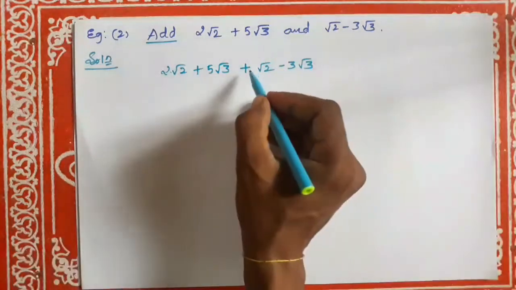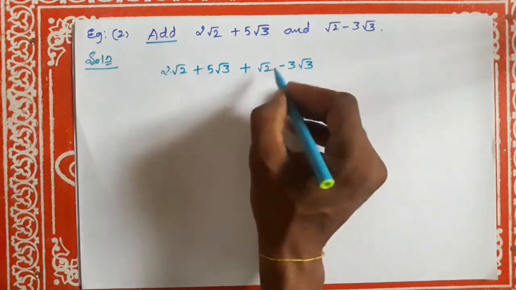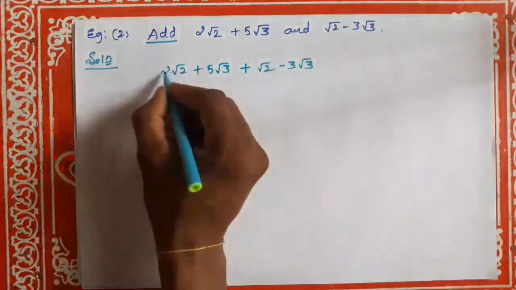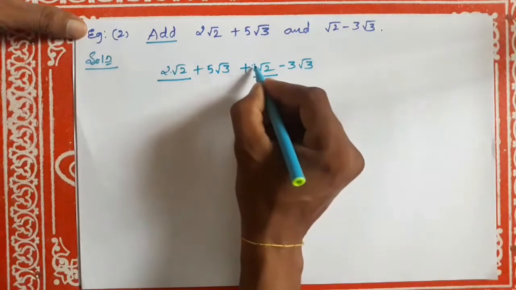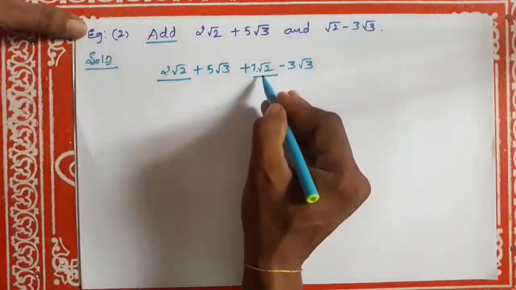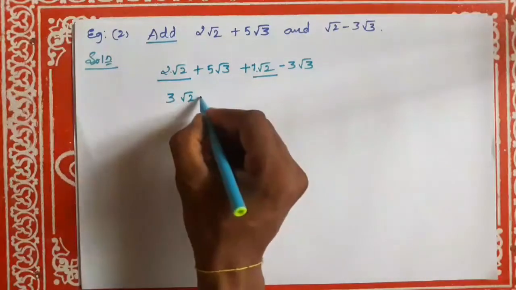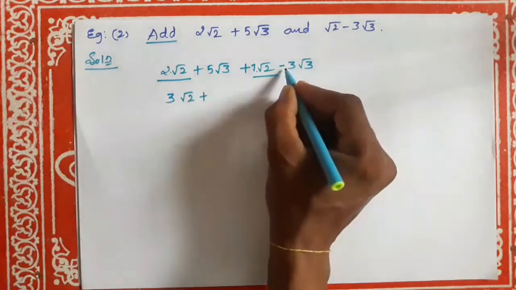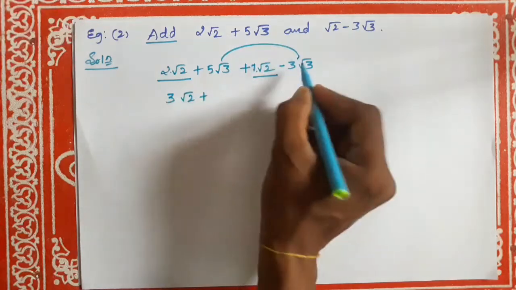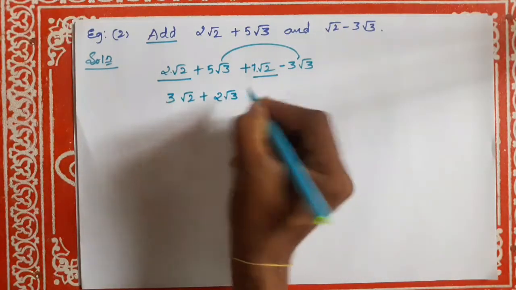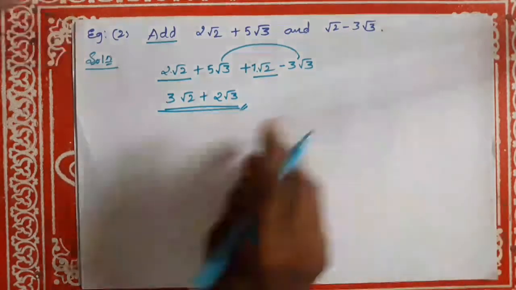Dear students, if a plus sign is there, you can write directly. If there is a minus sign, you have to put a bracket because the sign will change. Here 2 root 2 plus 1 root 2 is equal to 3 root 2, and 5 root 3 minus 3 root 3, 5 minus 3 is equal to 2 root 3. This is the answer for add and subtract.